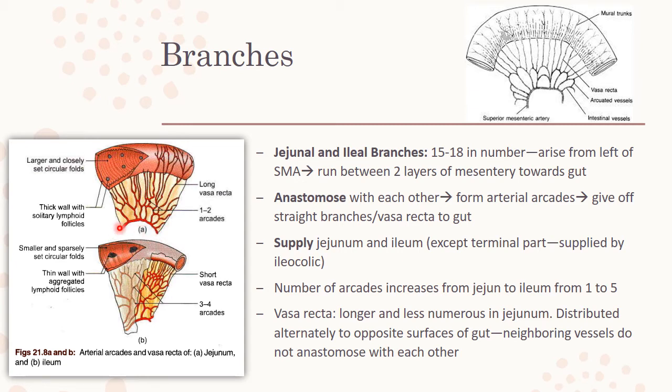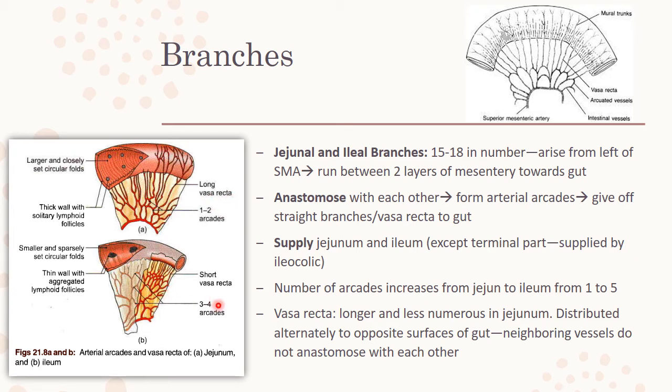We have this artery which is basically arising from the jejunal branch, and as you can see, some of these branches combine with each other and form arterial arcades. These arterial arcades are basically formed by combination or anastomosis of the jejunal branches or the ileal branches with each other, and then they are going to give off these straight arteries known as the long vasa recta, and these ultimately supply the gut.